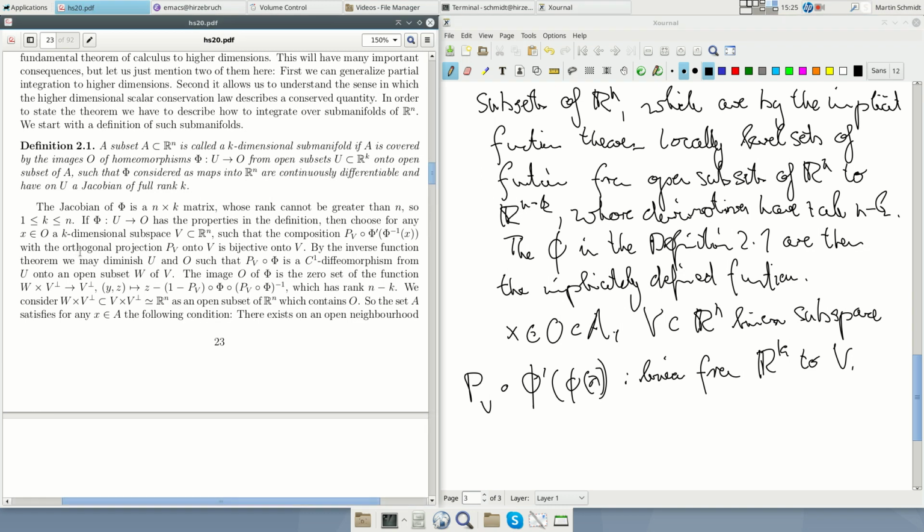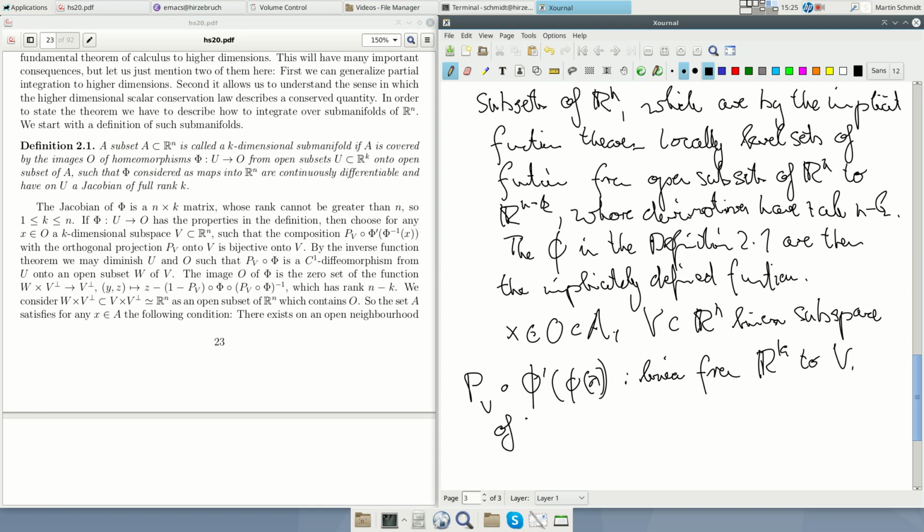So it is a linear map from a k-dimensional vector space to a k-dimensional vector space of rank k. So it is invertible. And if this is invertible, then we can apply the inverse function theorem.